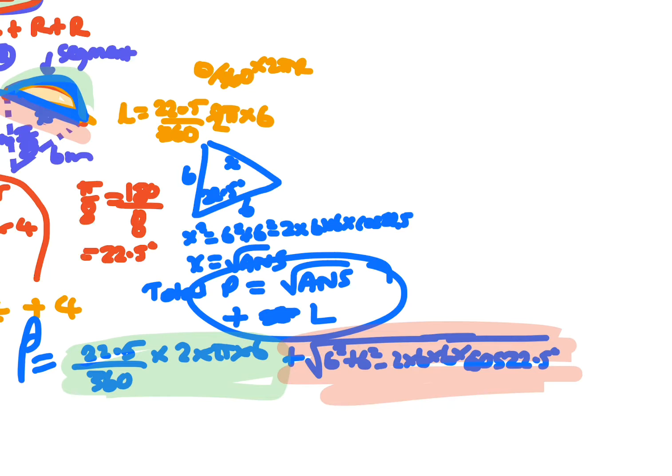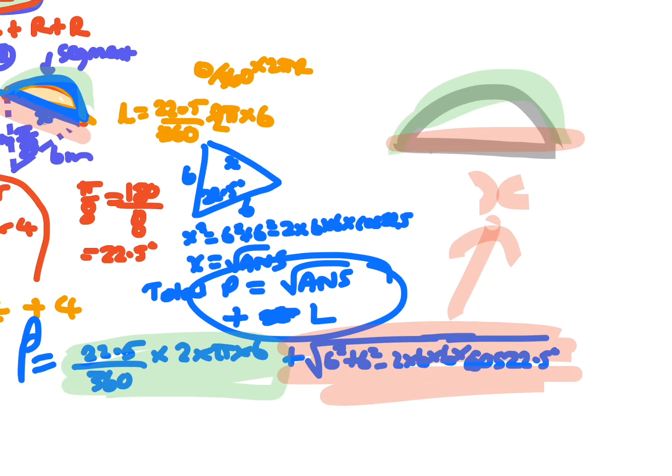So it basically goes like that, and this here is the arc length, and then the other part is this distance along here. That is your x. So you add those together and then see what you get.